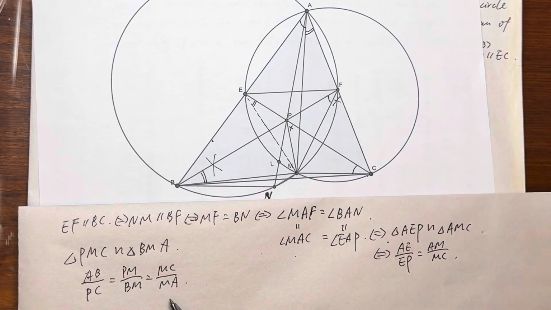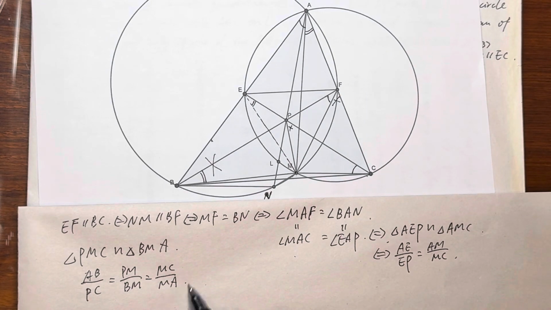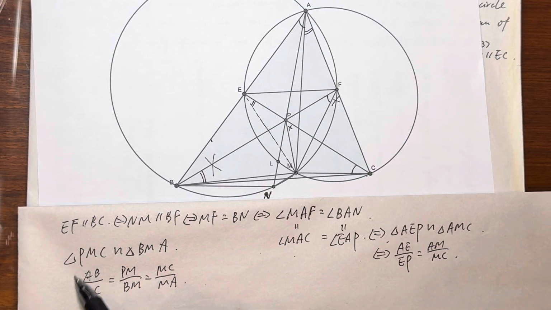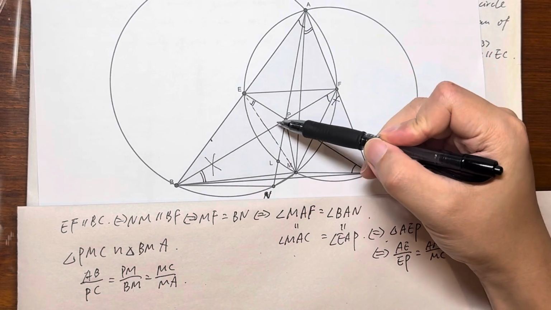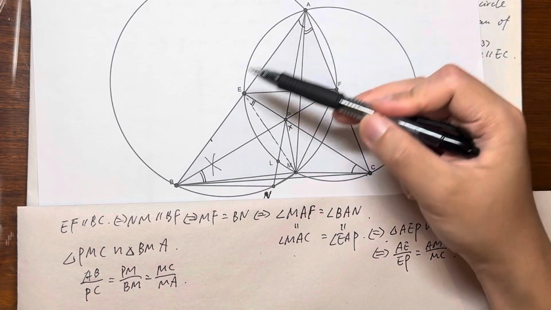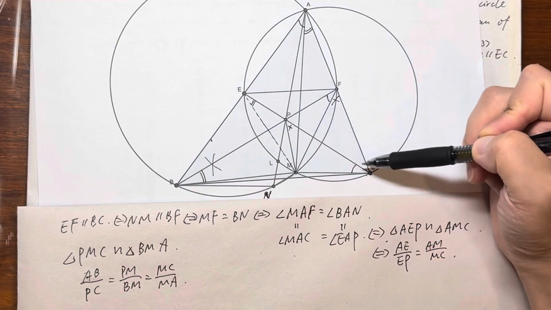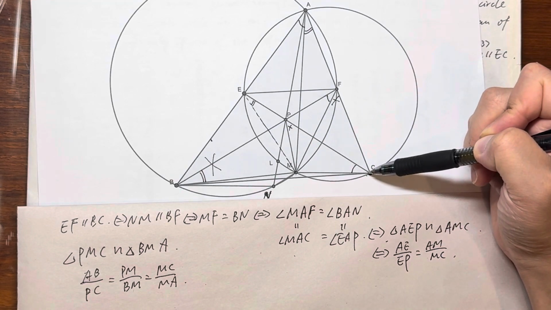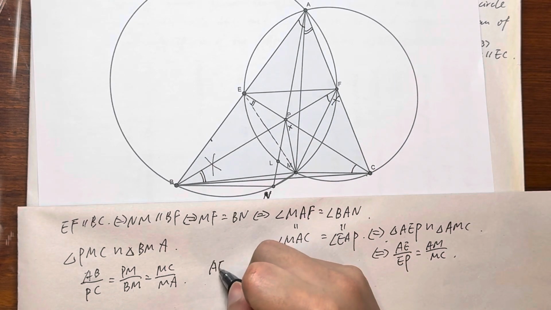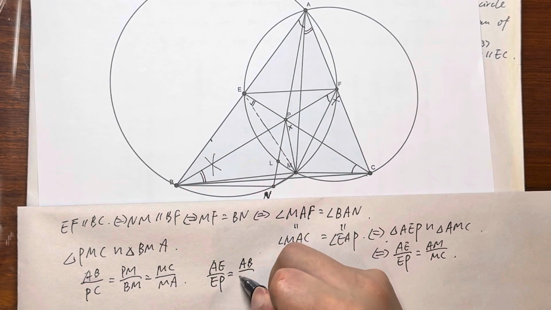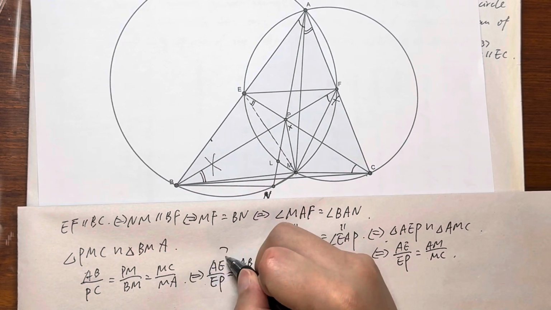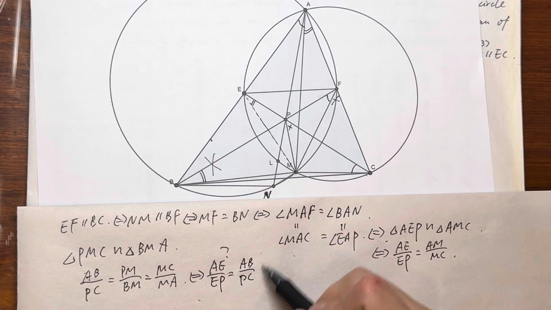Now we actually have the AM and MC here. So we just need to prove that AE to EP equals one of these: AE to EP equals AB to PC. Can we prove that? This is obvious.